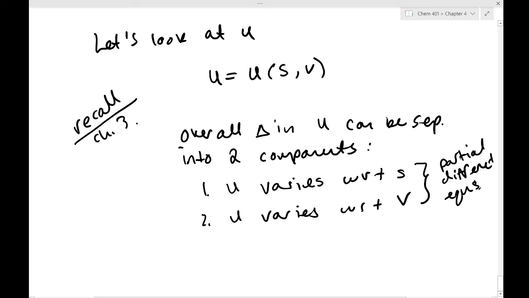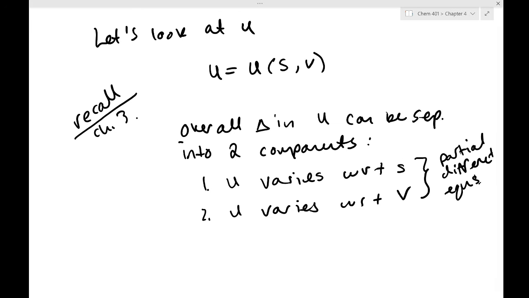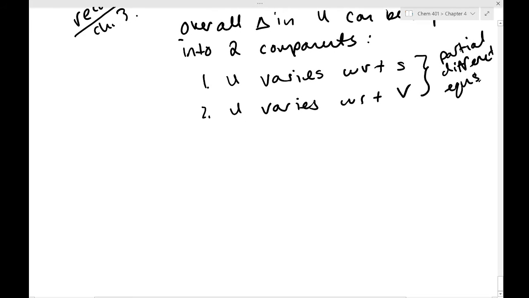Remember partials, guys? We can use partial derivatives to actually write out how U varies with respect to both S and V.